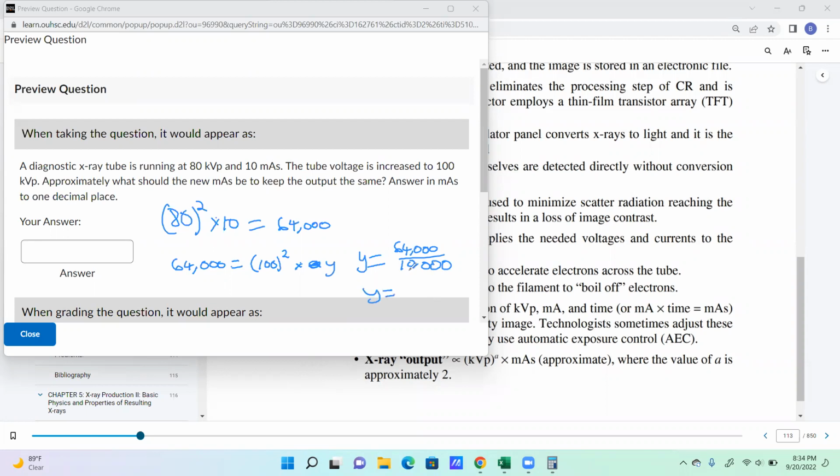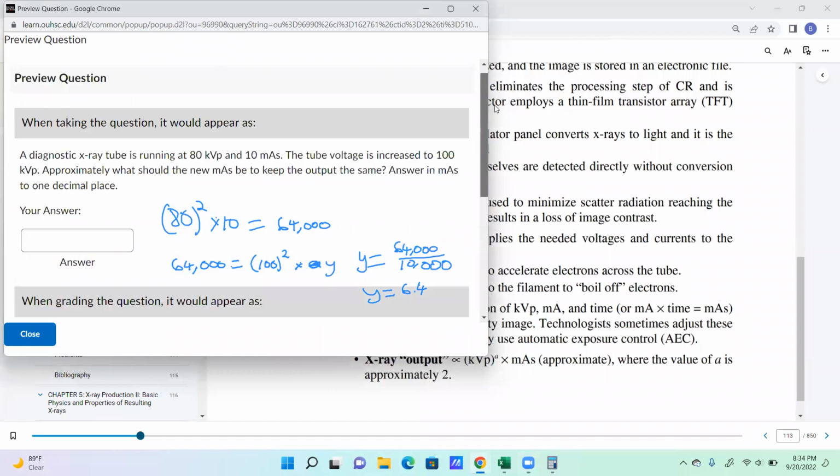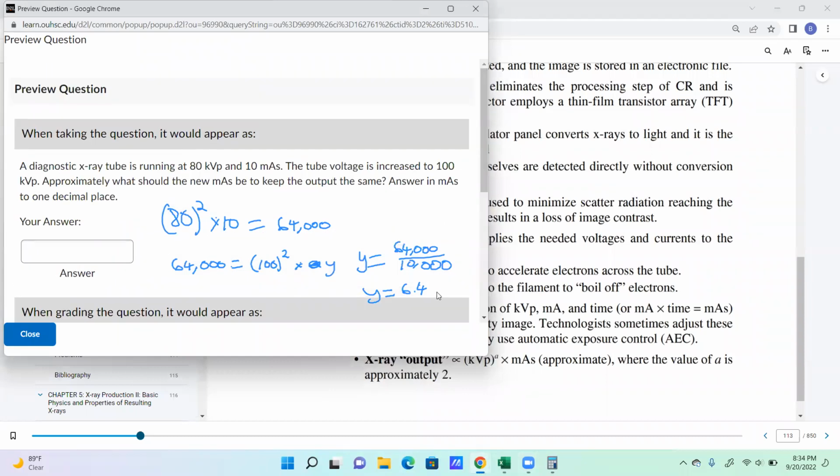How many times does this go into there? It should be 6.4. Let's check and make sure I'm not getting it wrong. 6.4. So that's the answer in MAS: 6.4.